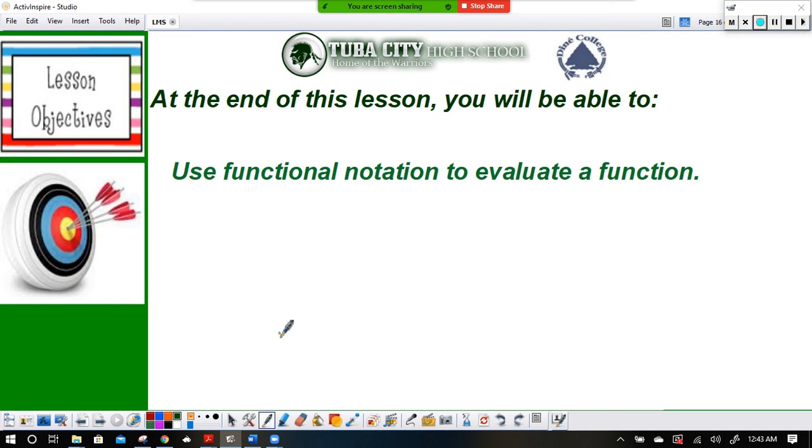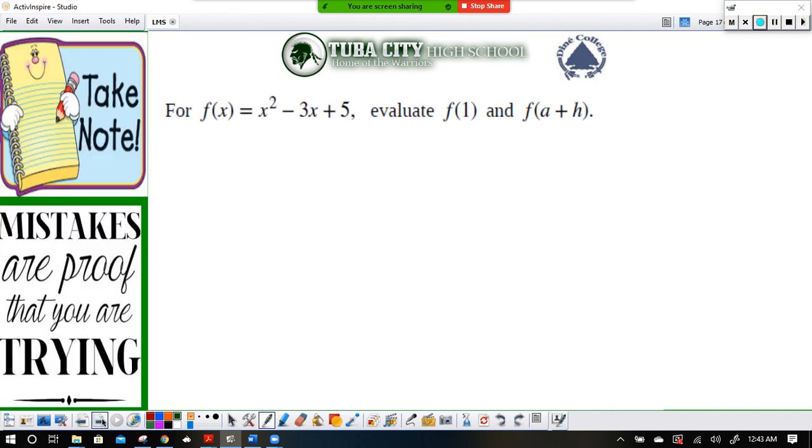So in today's lesson, you will be able to use functional notation to evaluate a function. For example, for the function f of x that is equal to x squared minus 3x plus 5, we will evaluate f of 1. This simply means we will substitute 1 for every x in this given quadratic function.